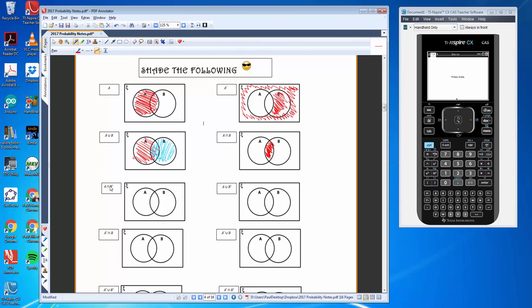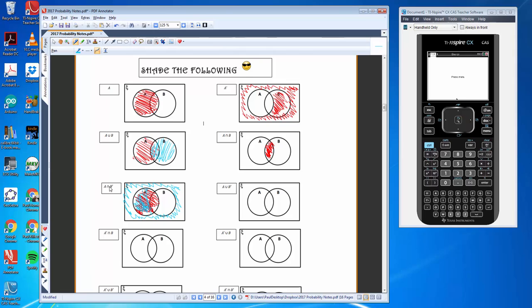Alright, A and not B. So let's shade A first of all. These are where they get a little bit harder to see. That's A and not B. Well, what does not B mean? Not B means A only, so we're going to shade that. And this outer part here, that's not B as well.